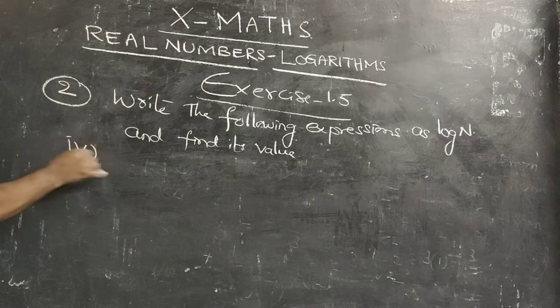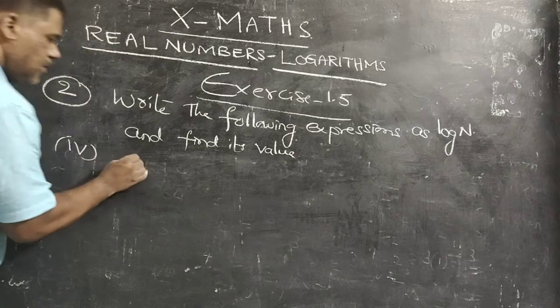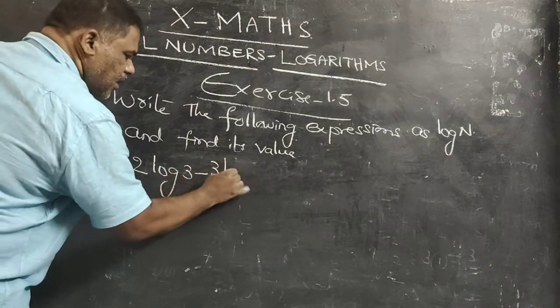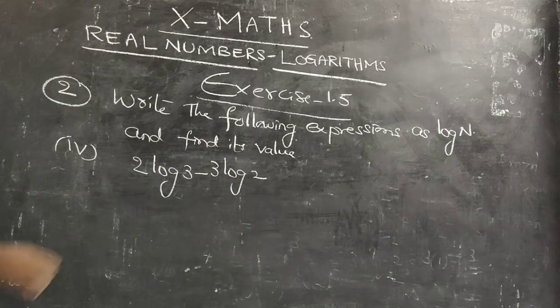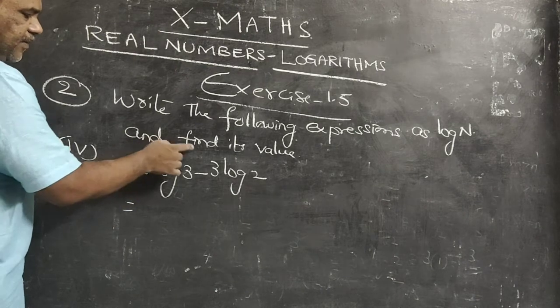Right, fourth one. 2 log 3 minus 3 log 2. In logarithms, if a coefficient is there, it will become a power.